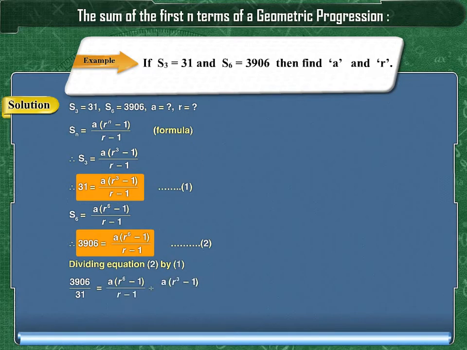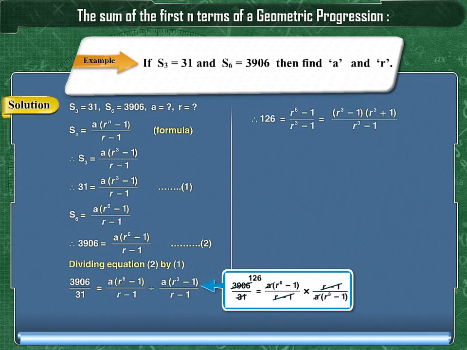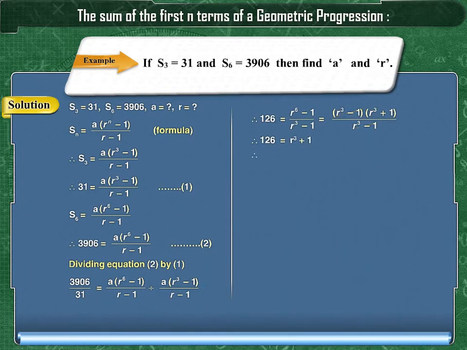On simplification and cancelling the common term r raised to 3 minus 1, we get 126 is r raised to 3 plus 1. Therefore, r raised to 3 is 125. Therefore, r is 5.